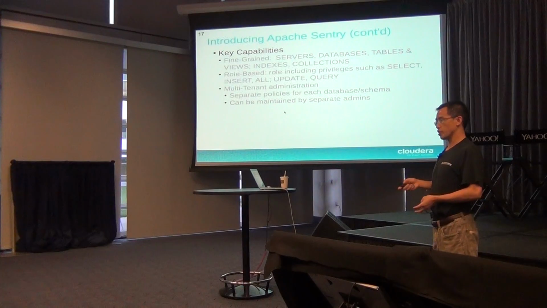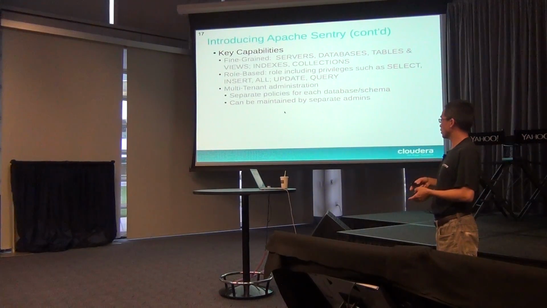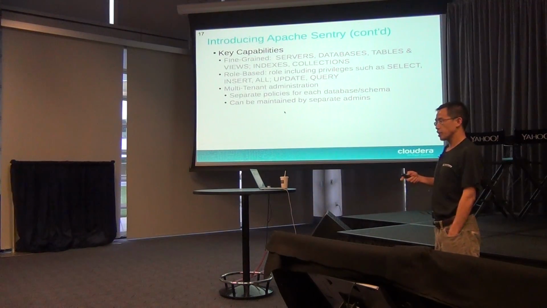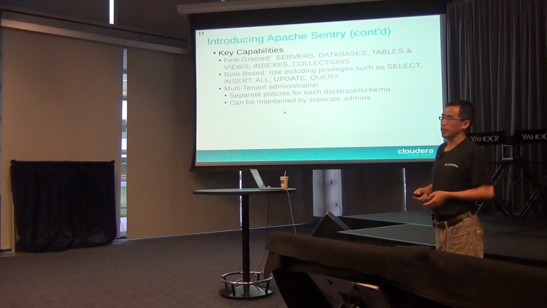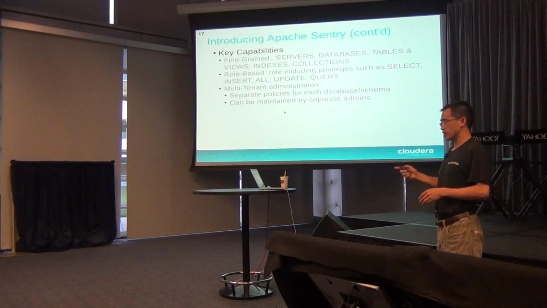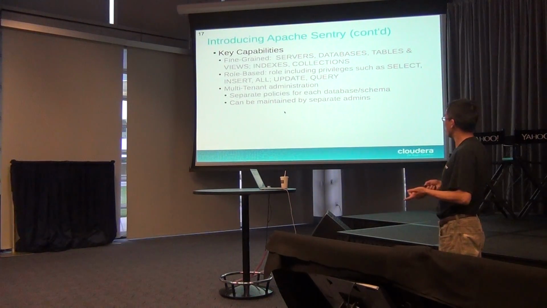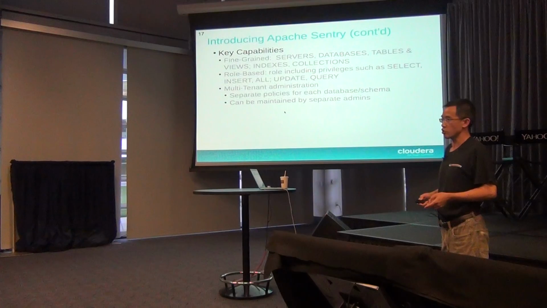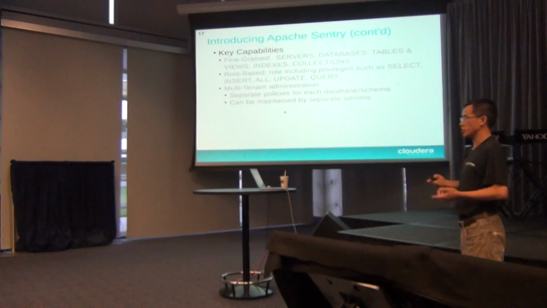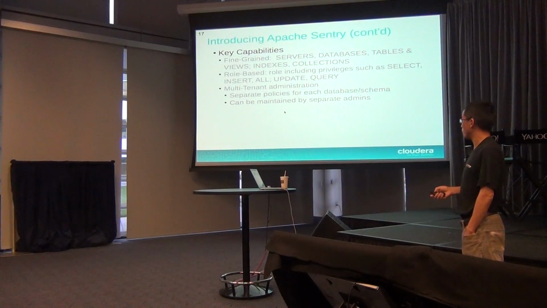For Solr, you can also control the index and the collections. Role-based: you authorize the user based on the role the user plays in your enterprise, not based on the data he can access, which provides familiar terms, like what traditional databases provide.